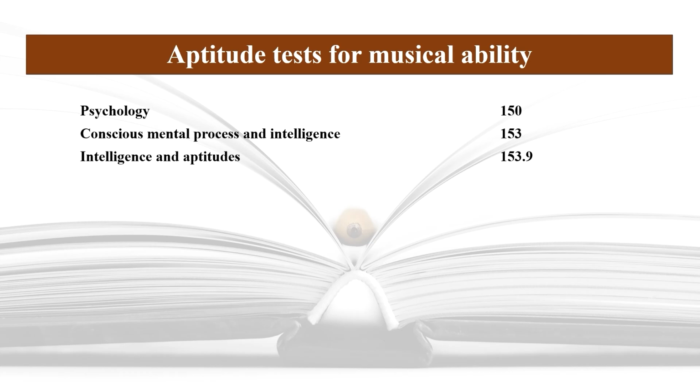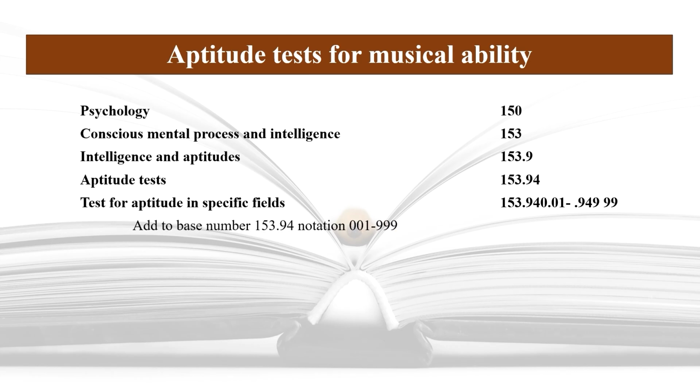Now, we have to add the number for musical ability. In the aptitude test, that is 153.94, a more precise number, we will get another number for test for aptitude test in a specific field. You can understand that this aptitude test is dedicated to musical ability. So test for aptitude test in a specific field is denoted under 153.94001 to 153.94999.